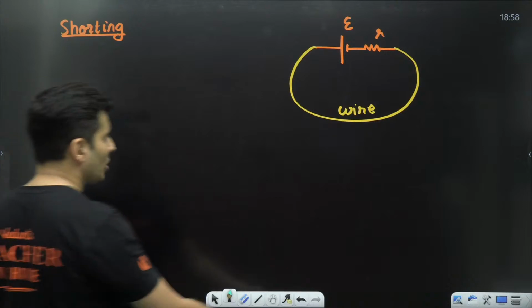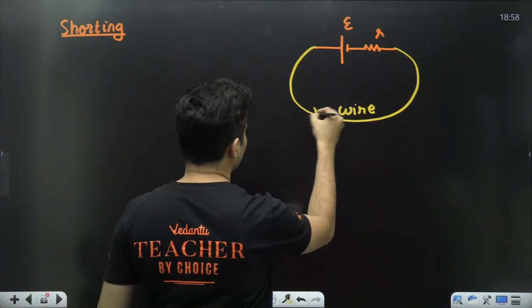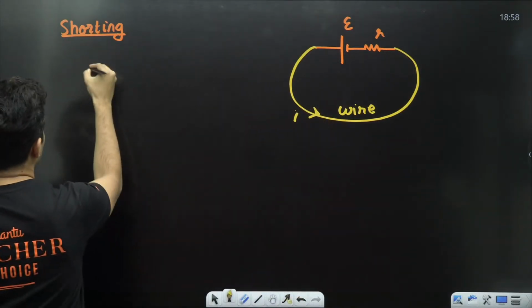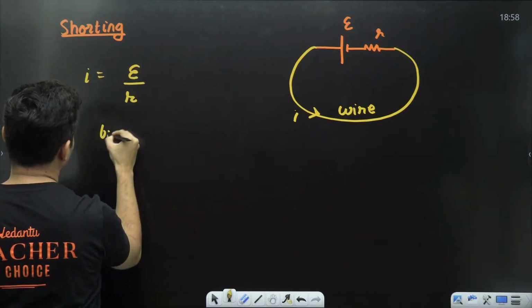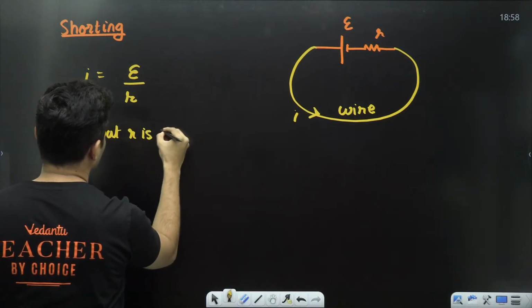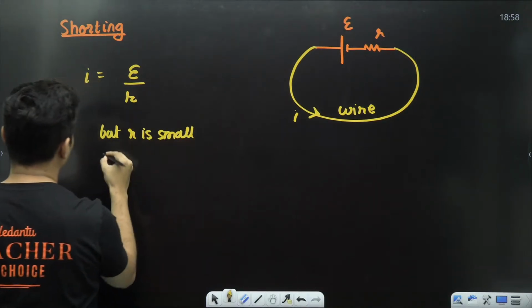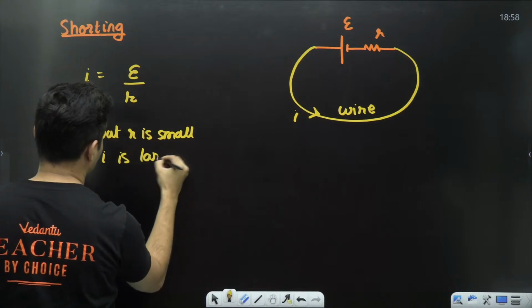In the next case, when you short it, this current will be very, very huge. This current will be huge because it will be just E divided by r, but r is small, therefore the current is large.